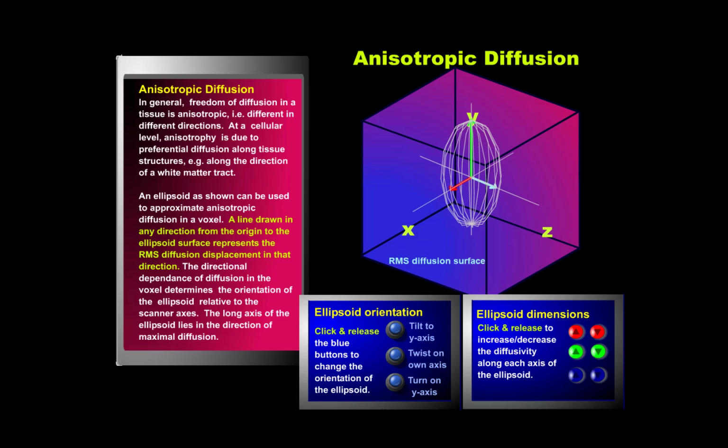So for example, here we can see that the dominant diffusion direction is in the y direction, with less diffusion in the x and y directions. Now, depending on the contents of that voxel, that ellipsoid could be at any orientation, or it could have any dimensions depending on the degree of diffusion in any particular direction.